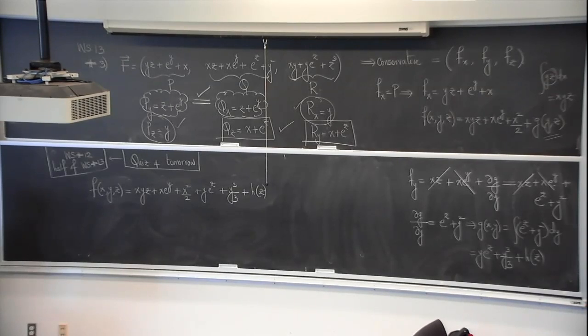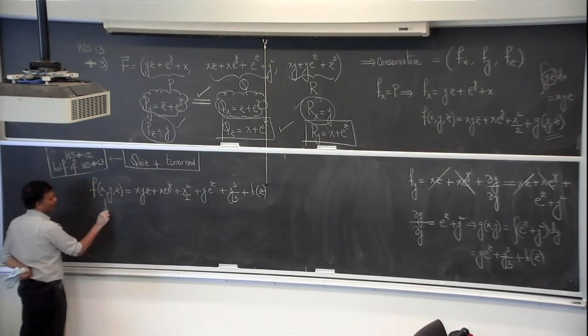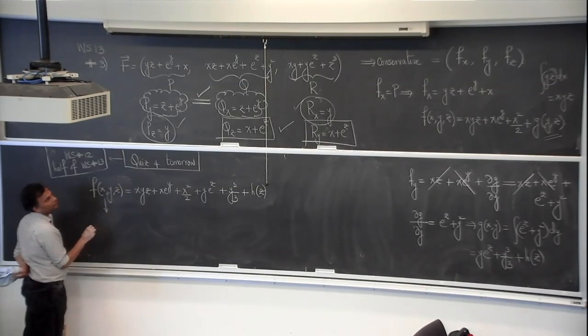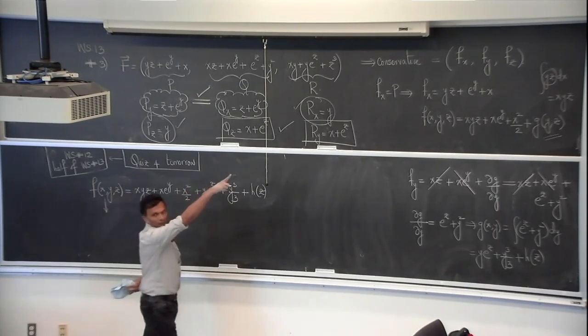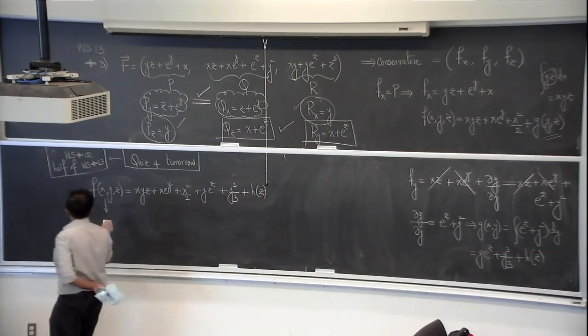So there is one more thing to find, that h of z. How do you do that? What is the one thing that we haven't used yet? R. And to get that R, what should we do? Find partial of f with respect to z.